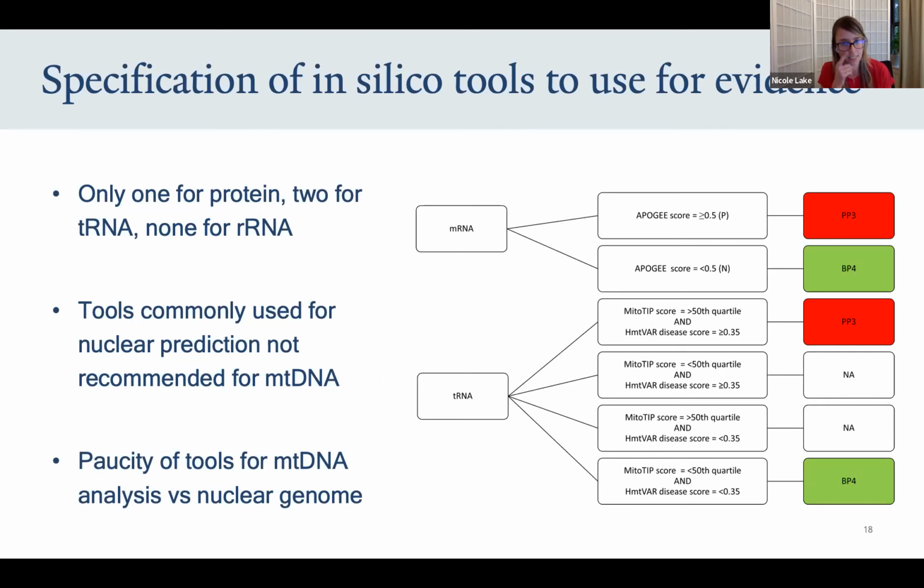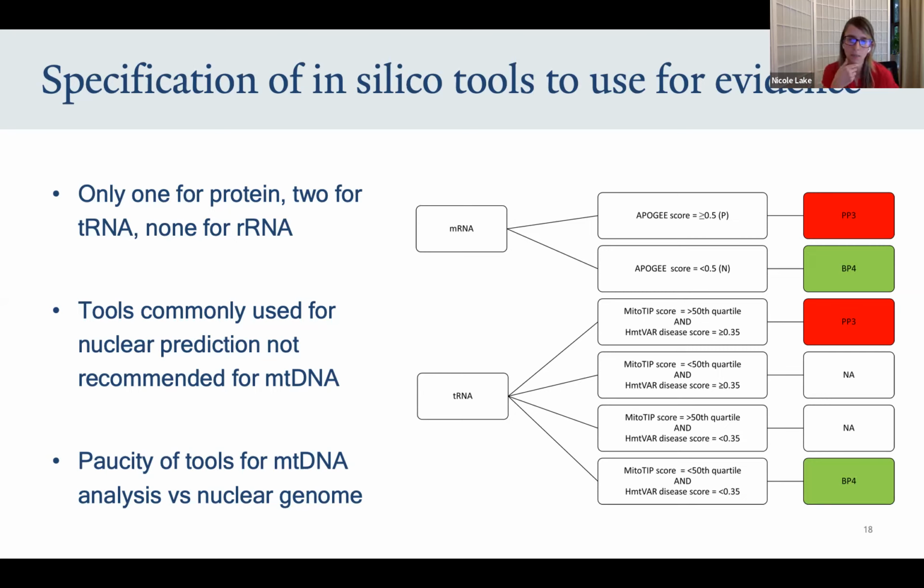So they've also provided a specification of what in silico predictive tools can be used or should be used, in their opinion, for classification. And I just wanted to comment on this because they've only suggested use of one specific tool to predict the effect of mitochondrial missense variants and 2 tools for transfer RNAs and none for ribosomal RNAs because there actually aren't any available.